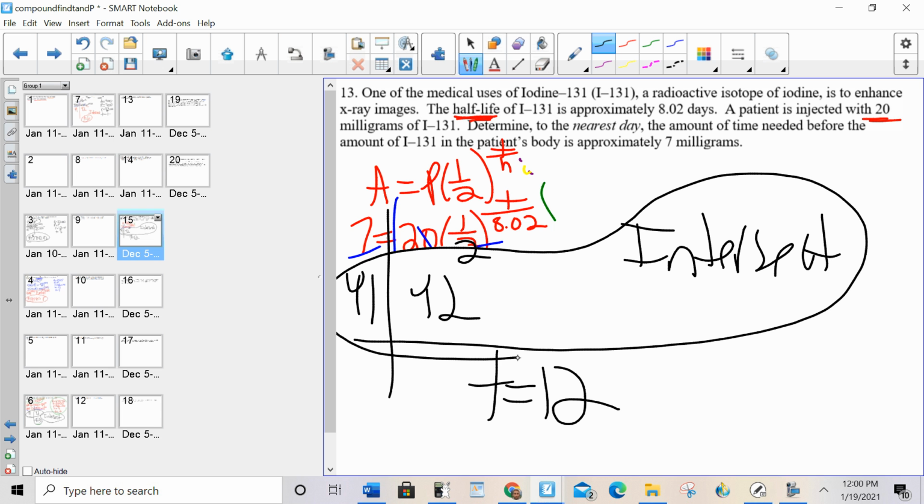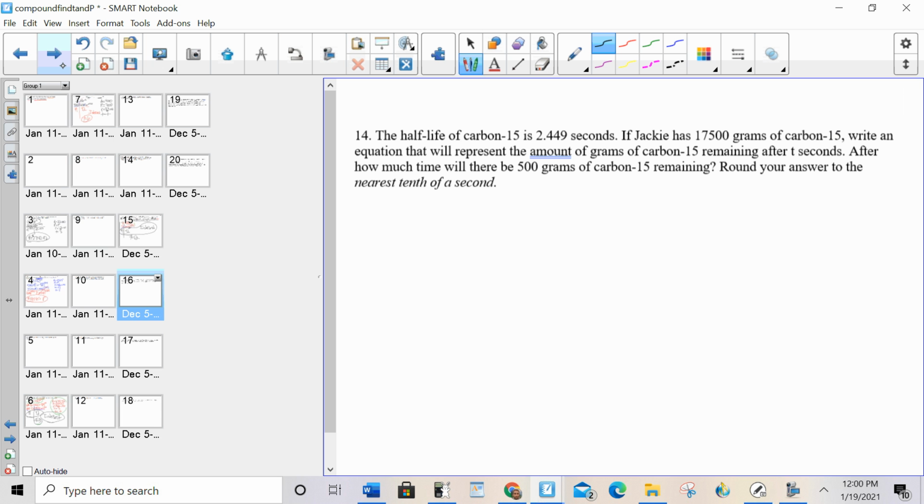Does it say in this problem to solve algebraically? It says determine to the nearest day the amount of time needed before the amount, and so on. Does it say to solve it algebraically? No. So what that means is you will get full credit for using your y1, y2 intersect strategy. If it did say to solve algebraically, then you would only get half of those points for that part of the question.